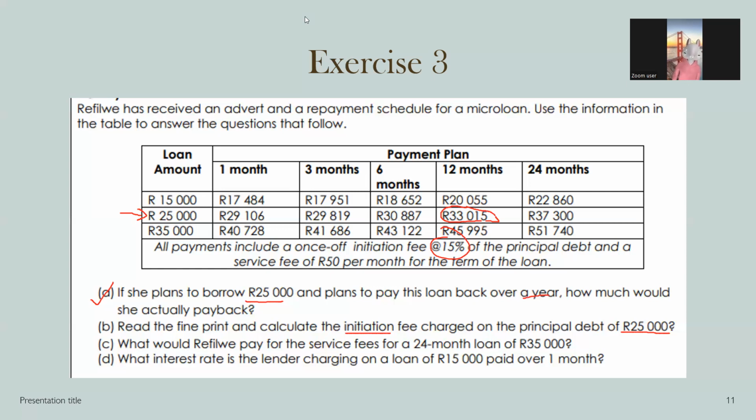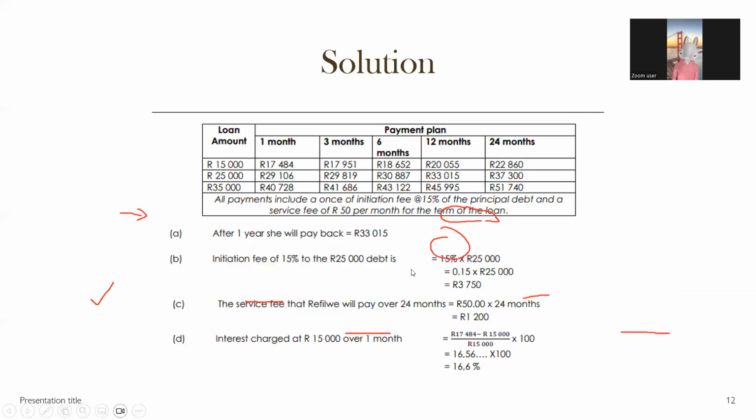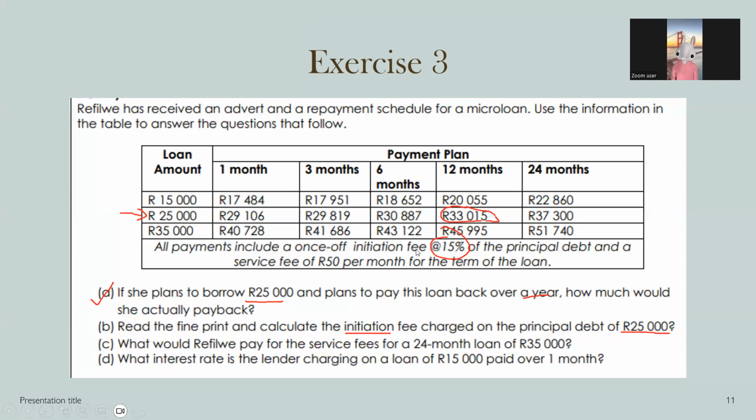What was your answer? 3,750. Let's just check if it's right. Perfect, 3,750 is correct. Next question.